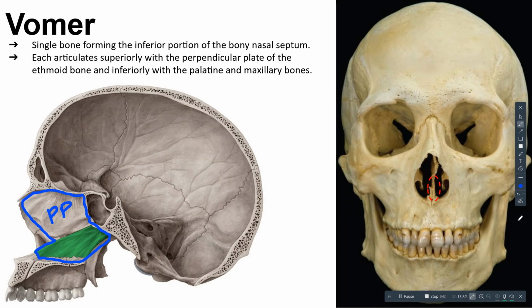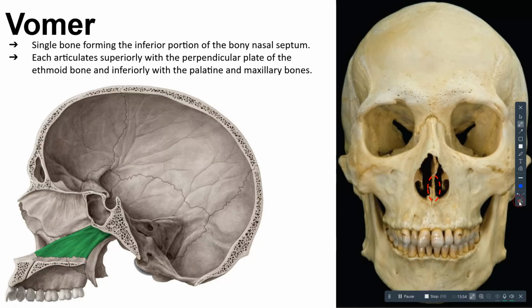And then notice that the vomer is sitting on the hard palate inferiorly. So we get the palatine process of the maxillary bone here, as well as the horizontal plate of the palatine bone right there. And so articulating with those two guys, those are the vomer's inferior joints.